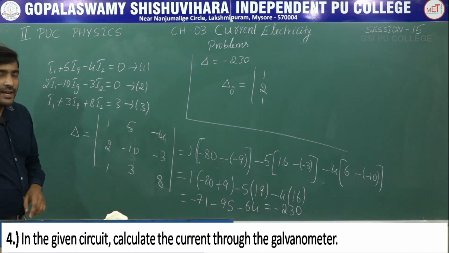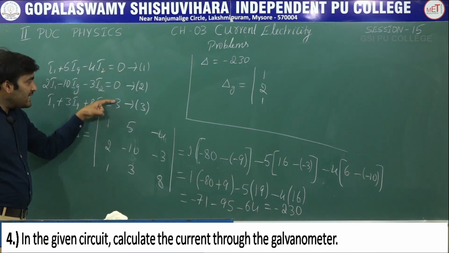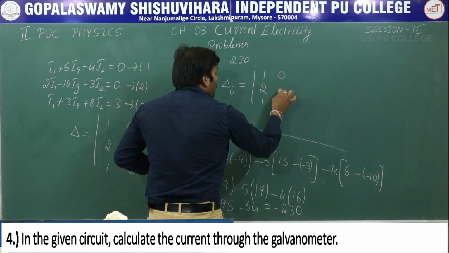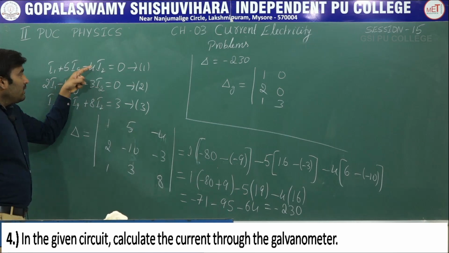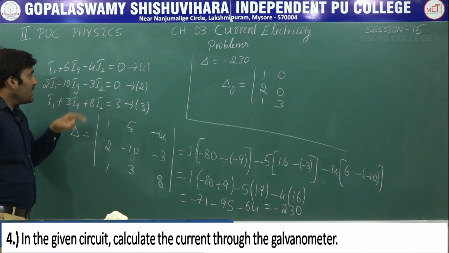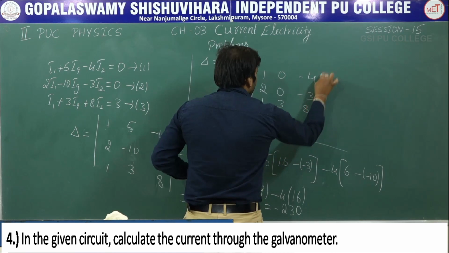Now we have to replace the coefficients of Ig by these three elements, 0, 0, 3. And the third column is the same, the coefficients of I2, that is minus 4, minus 3, 8.